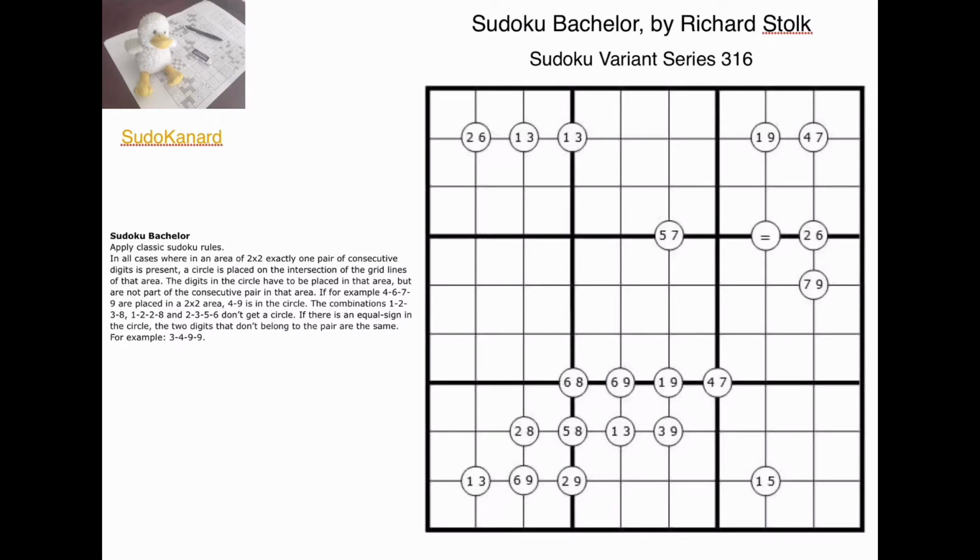So I already solved this puzzle, but as usual, I have forgotten about everything I've seen. So first thing, there's a 3 here and a 3 there, so there has to be a 3 in one of those cells.